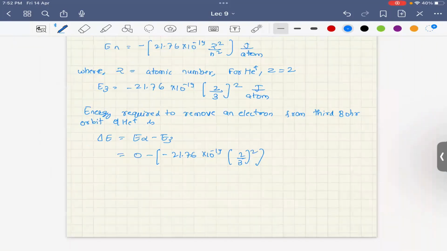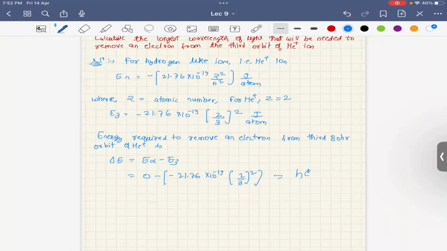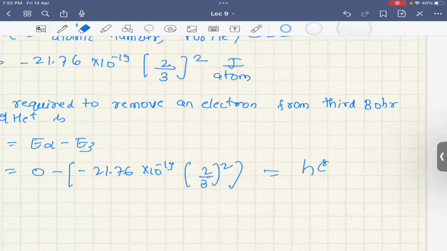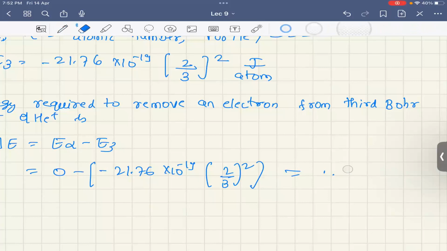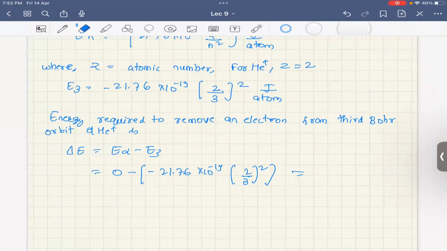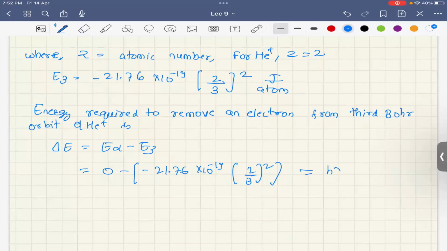And this energy is going to be h nu, which is nothing but hc by lambda.